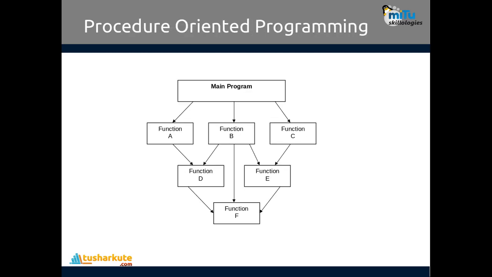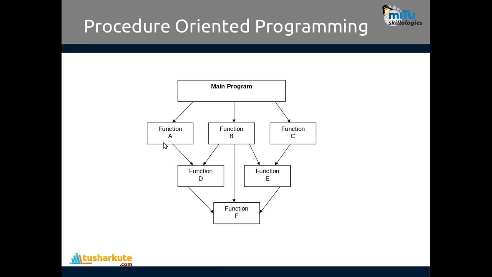Okay, so in general, there are two different ways of programming available. First is procedure oriented programming, and second is object oriented programming. Procedure means function. Now we have a function like the main program. In that, function A is connected to function D, which is connected to function F, or C is connected to E. Functions are present like that. A function is a block of statements.